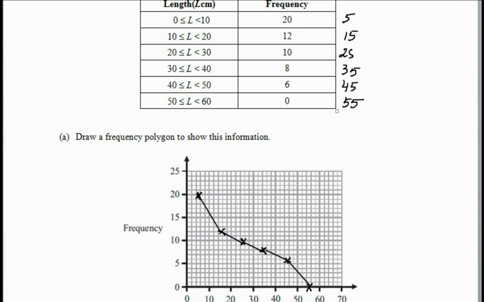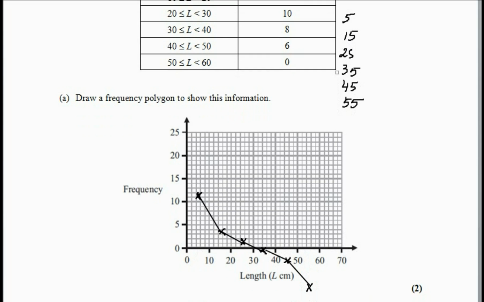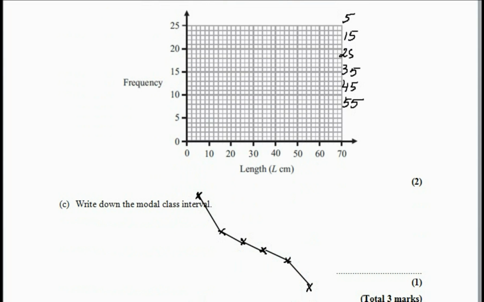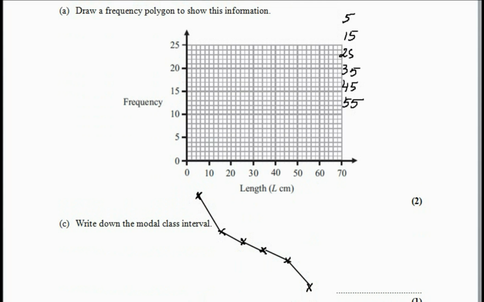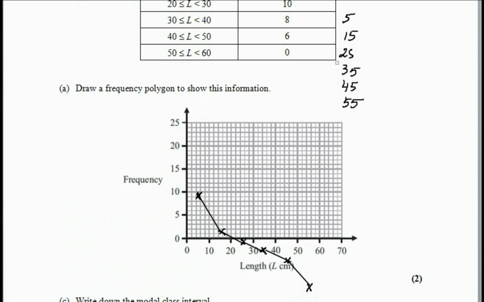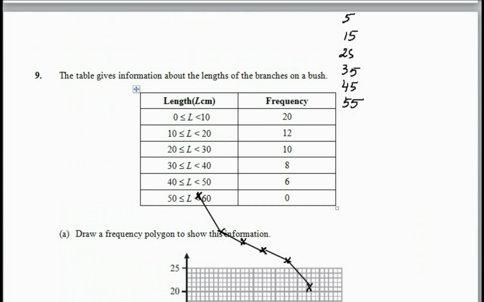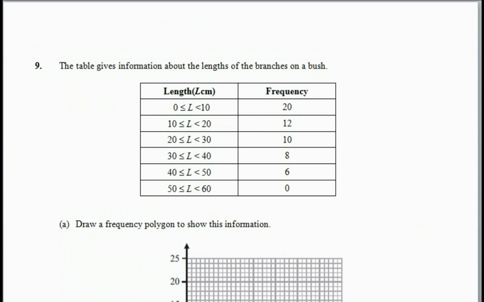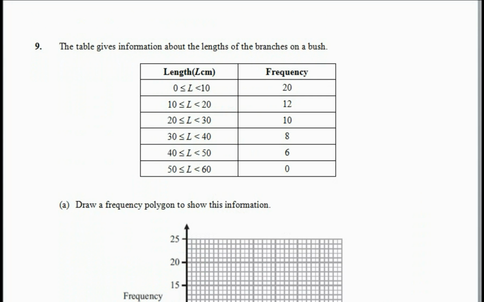Don't make mistakes. And then finally, question B asked you about the modal class interval. If we go back to the data, to the table. Let's look again at the question itself.